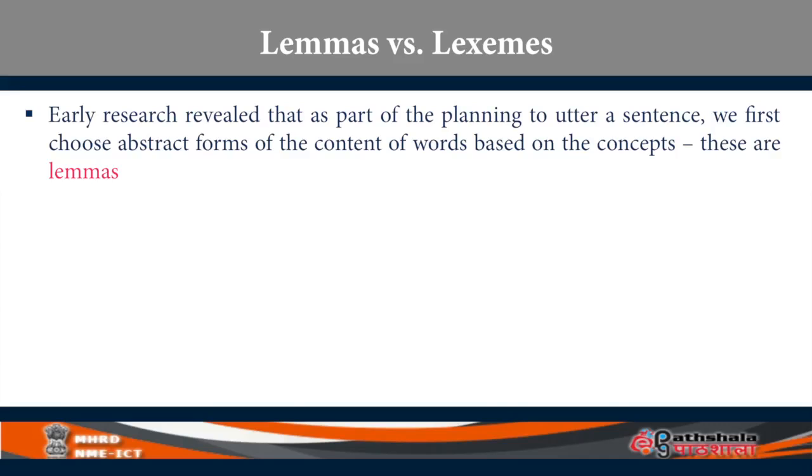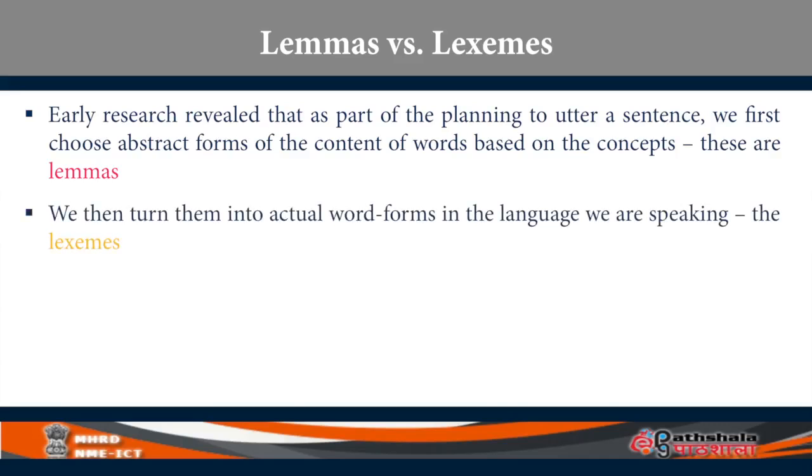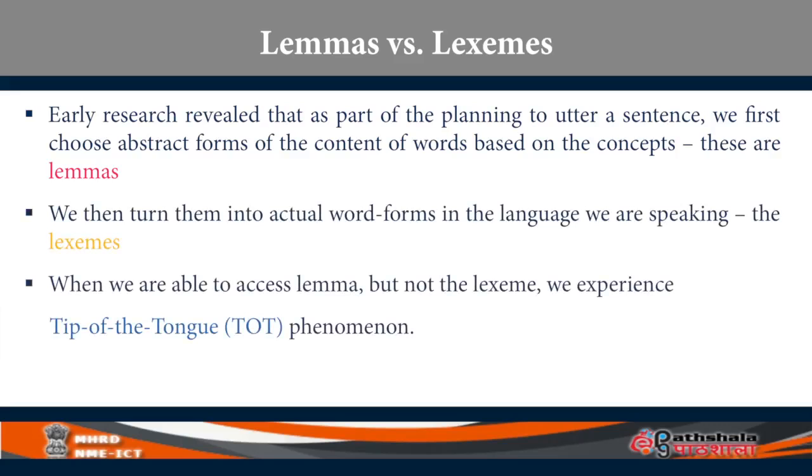They are called lemmas. We then transform the lemma into the actual word form, that is the lexeme. So when we are able to access the lemma but can't get the lexeme, that is the tip of the tongue phenomenon. We keep saying, oh, I know, I'm not getting it. You have accessed the lemma, but you are not able to get the lexeme, the actual sounds in that word, right?